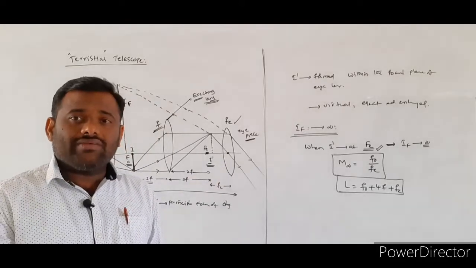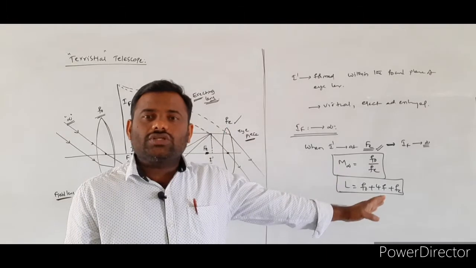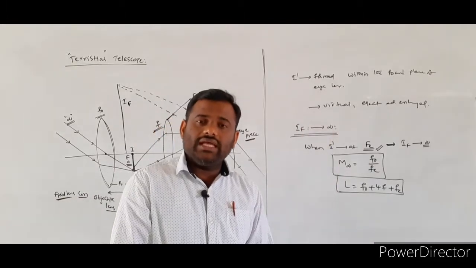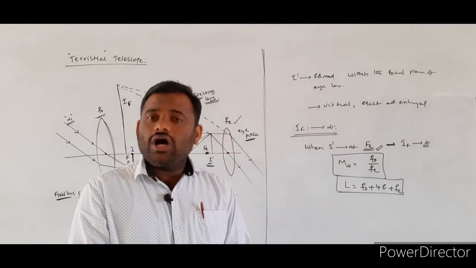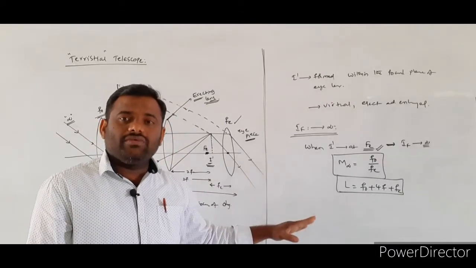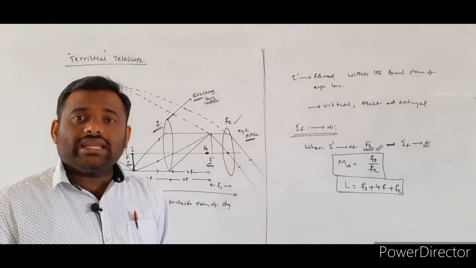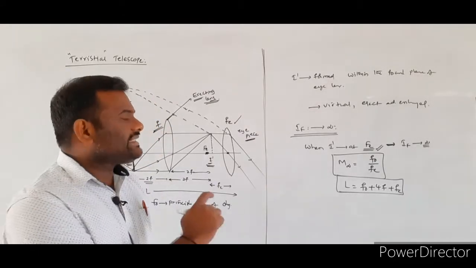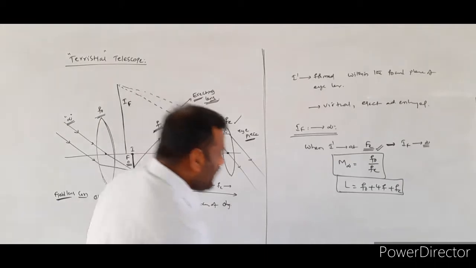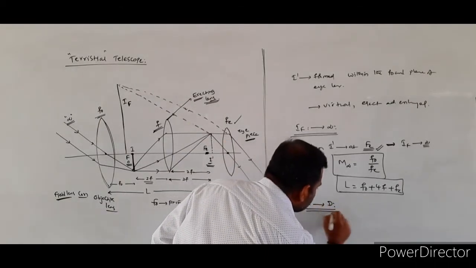Generally in numericals they ask for the magnifying power and the length of the telescope when they specify the focal lengths of the eye lens and the objective lens. So this is the case when the final image is formed at infinite distance. Now we are going to discuss the case when the final image is formed at the least distance of distinct vision.